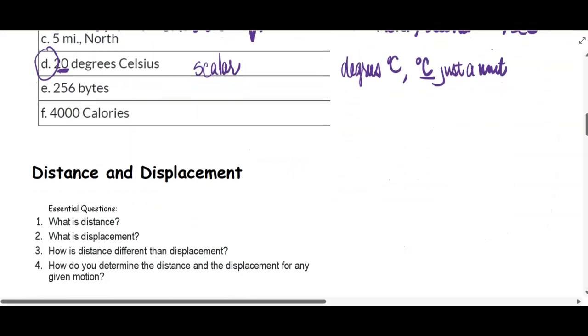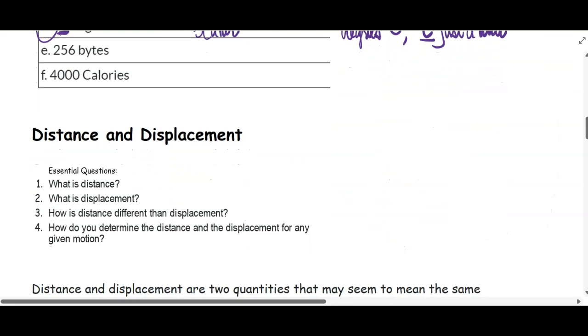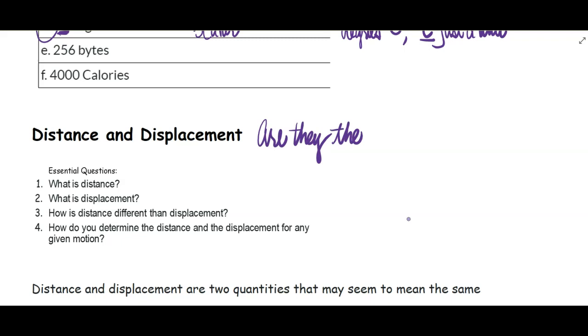All right. The second part of this is about distance and displacement. So are they the same? I have to admit that when I use them, I probably need to clarify to you how I'm thinking.